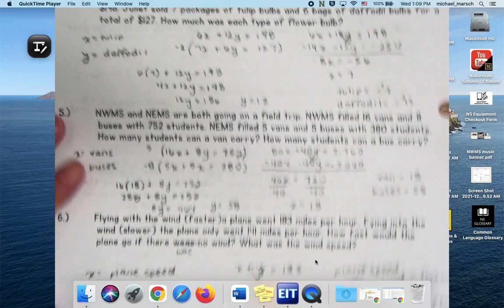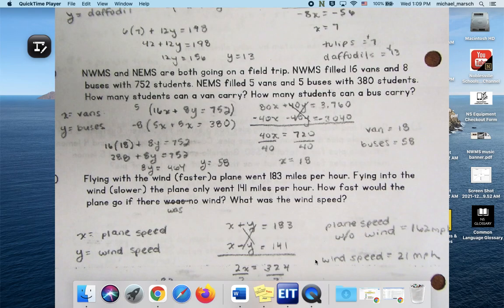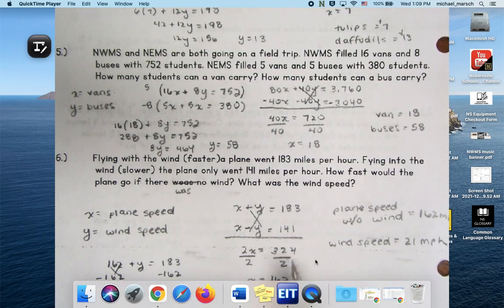Okay? Don't worry about these plane ones. There's not going to be anything like that on the actual quiz, but it's still kind of interesting to see how it works out. You guys all know that, right? Like, if you're going one direction, it's going to be faster than going back because of the winds, the tailwinds. That's what they call them, tailwinds. Helping the plane along.